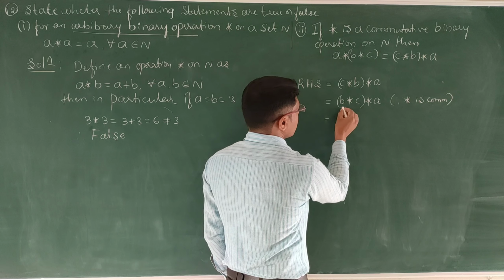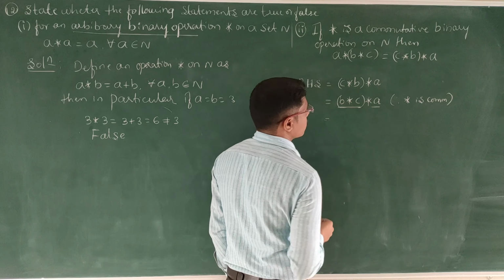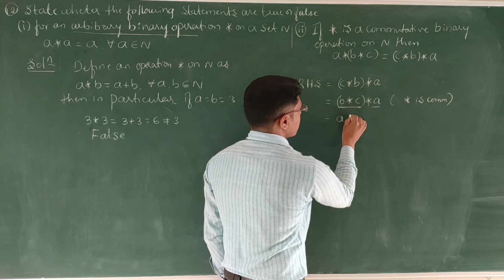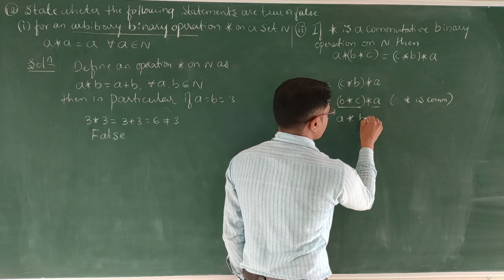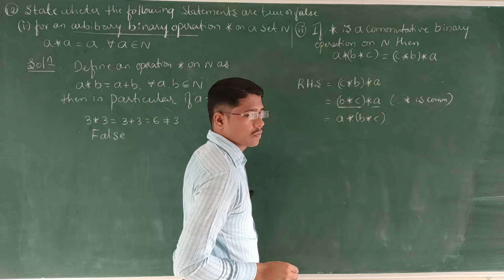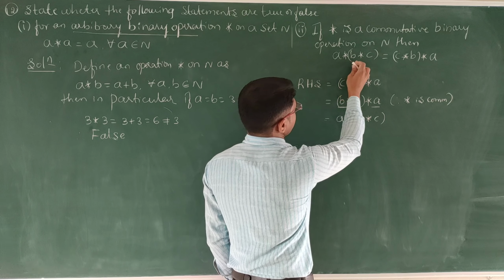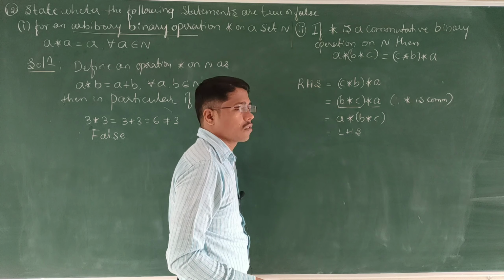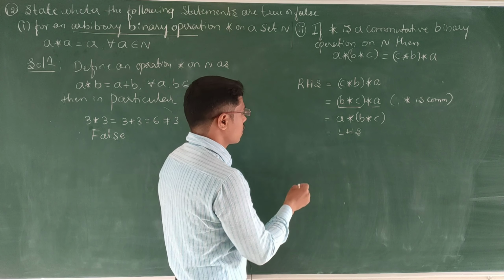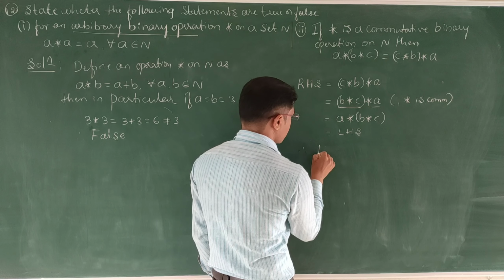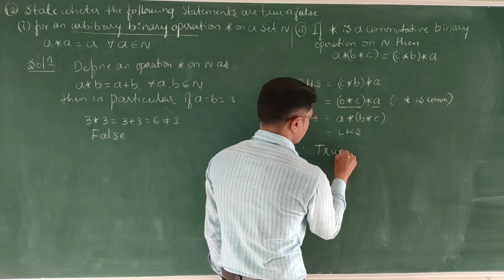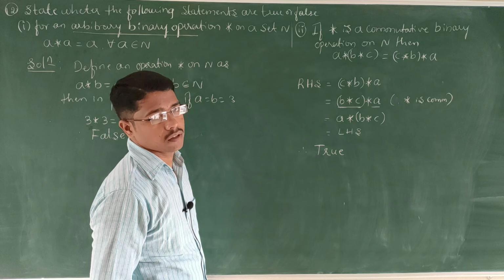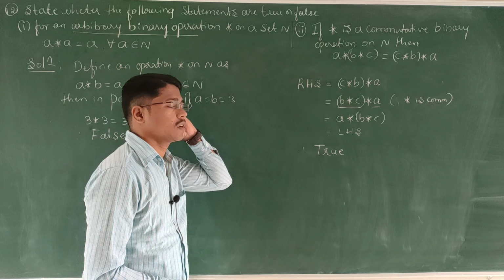Now see, this is one element and this is another element. As the star is commutative we can interchange these two, that is A star B star C. See, this is A star B star C only, which is equal to the LHS. So LHS is equal to RHS, therefore this statement is true.